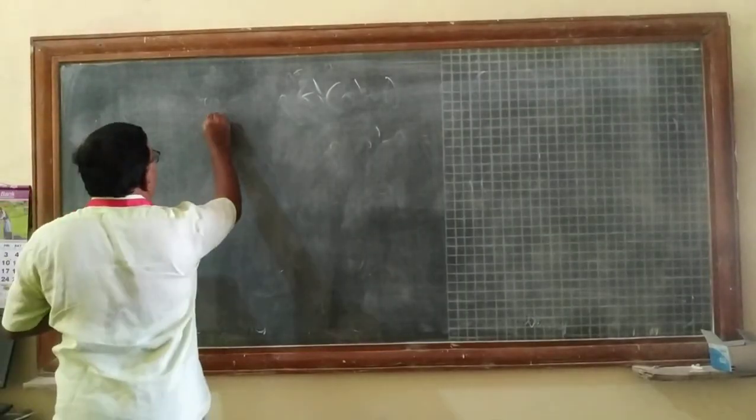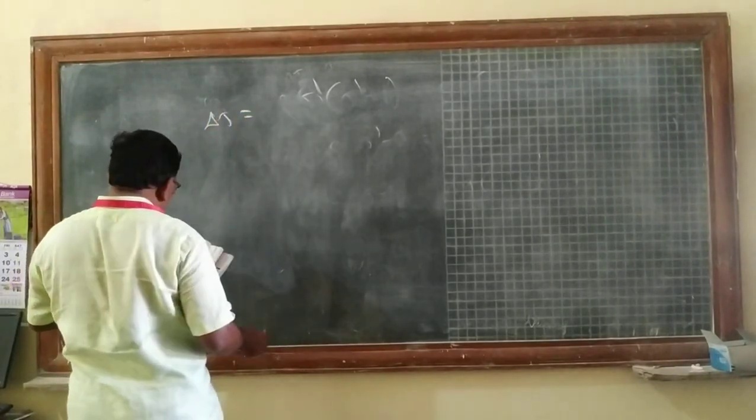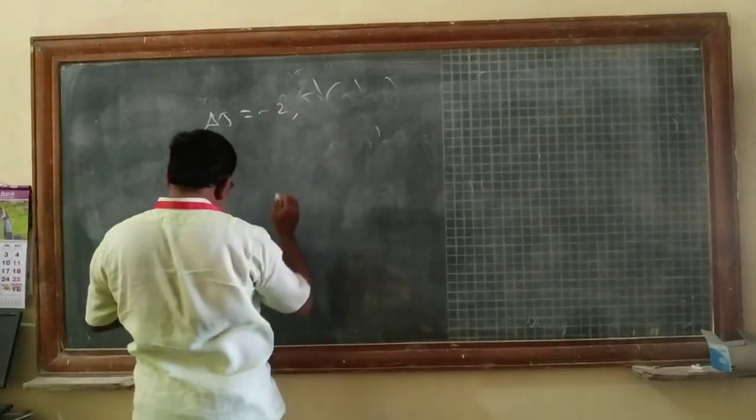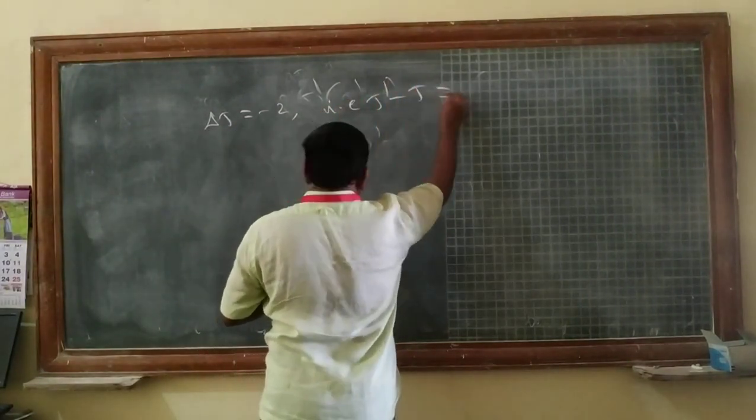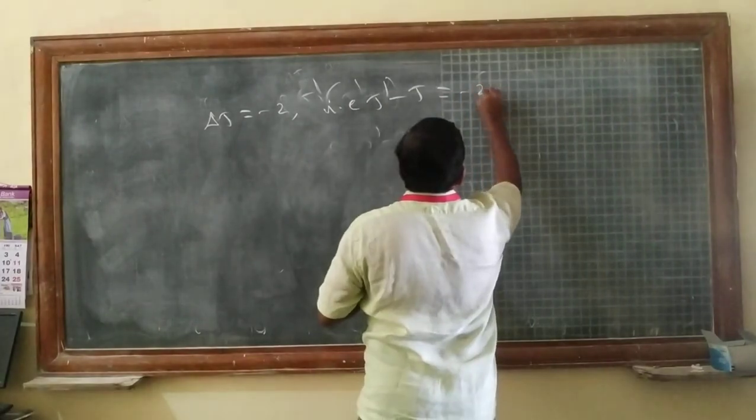In the next step, delta J is equal to minus 2, that is J dash minus J is equal to minus 2.